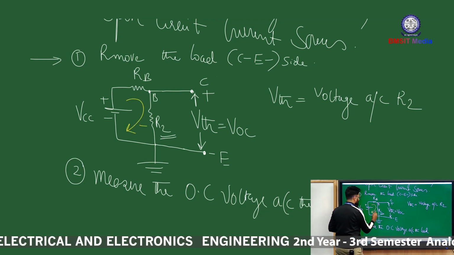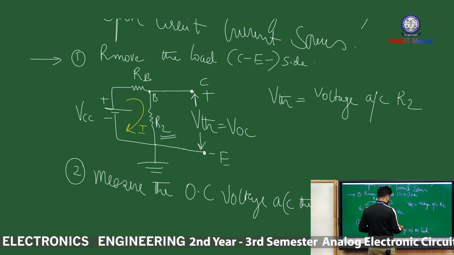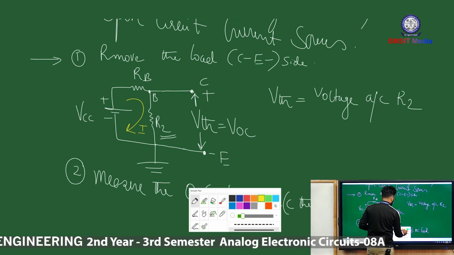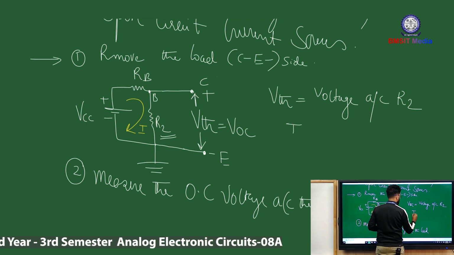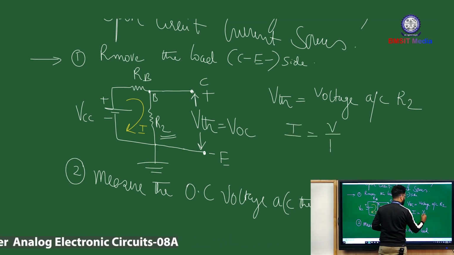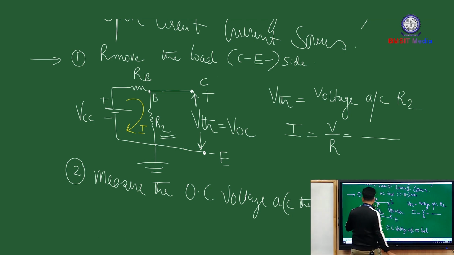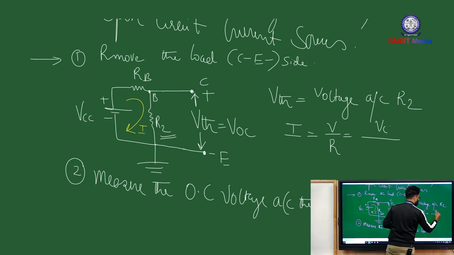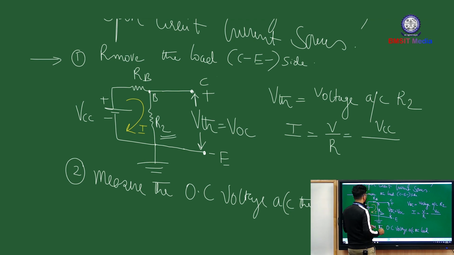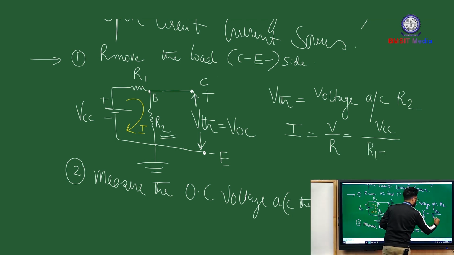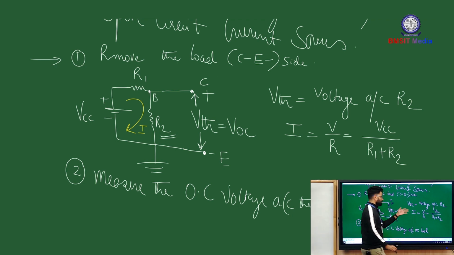Let's say this is your circuit current I. So you can write I is equal to V by R. What is V? V is VCC. And what is R? The total resistance, R1 plus R2. This is R1. So you know the expression for current: I is equal to VCC divided by R1 plus R2.